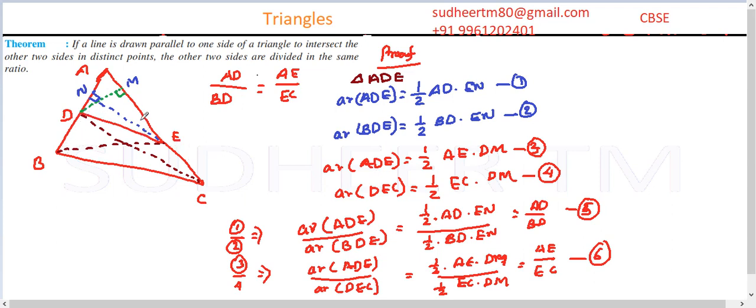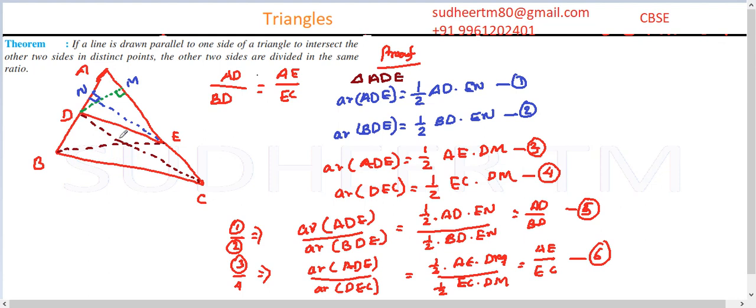BDE and DEC, our ratios' denominators, are on the same base and between the same parallels. DE and BC are the parallels here. That was our first theorem's first statement, we are drawing the line DE parallel to BC.